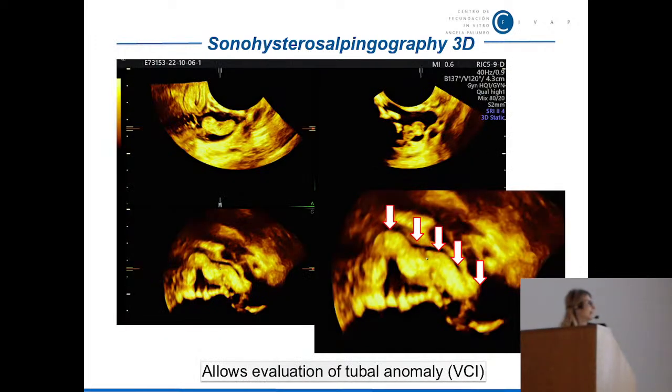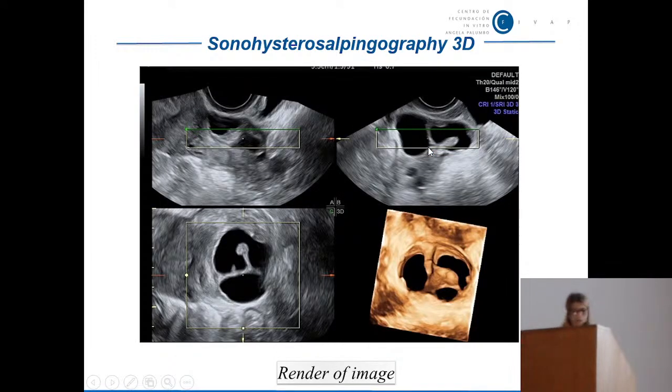In this slide, I want to show you how VCI can help in the evaluation of the anatomic morphology of the tube. But we have much more fluid around the tube. We can study the tube using the rendering mode, and this is a rendered image.